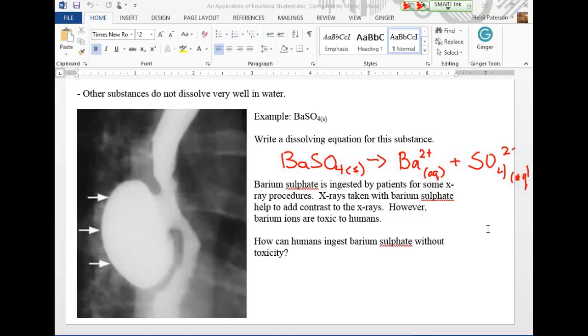Barium sulfate does not dissolve very well in water. So if we were to write a K expression for this, we would have the concentration of the barium ions multiplied by the concentration of the sulfate ions.